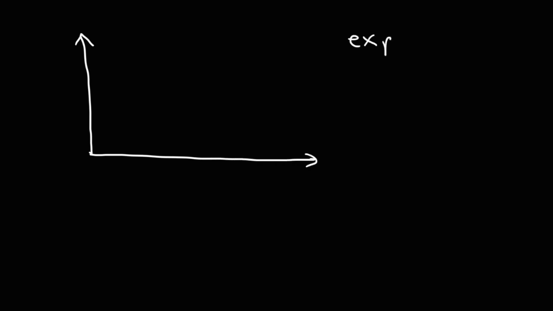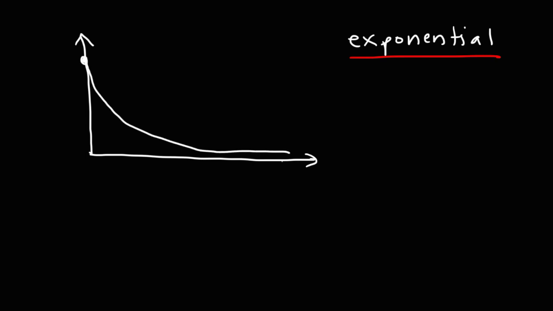Now, the next distribution that we're going to talk about is known as the exponential distribution. This is another continuous probability distribution that you want to add to your list. So it has a y-intercept, and then the function decreases over time, or with x.